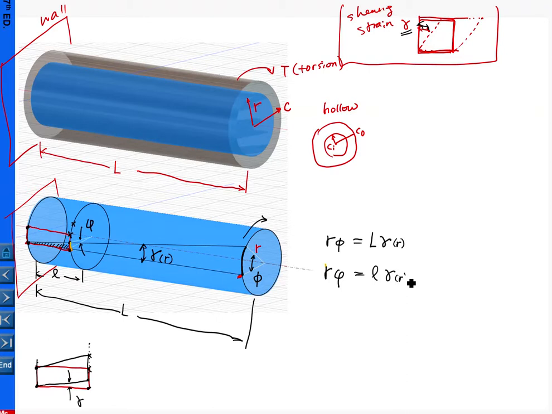Gamma is r. So by doing so, you should be able to see that v divided by this one equals L over L. So that is back to our assumption 2 here.